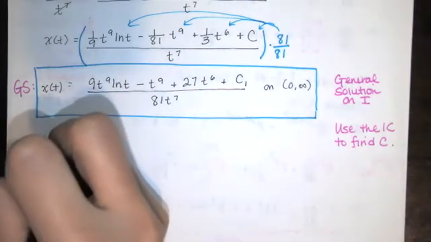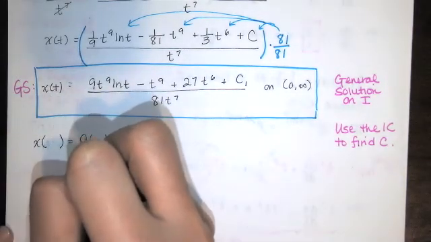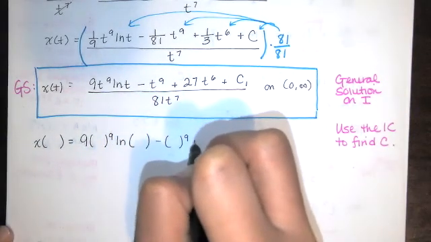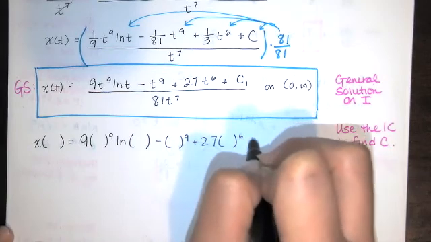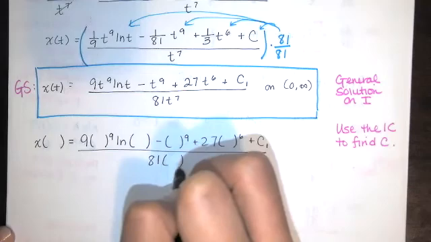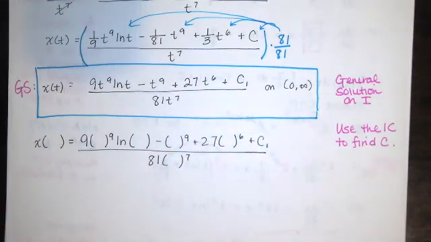And it's pretty easy. You just replace all the t's with 1. Just using placeholder notation.